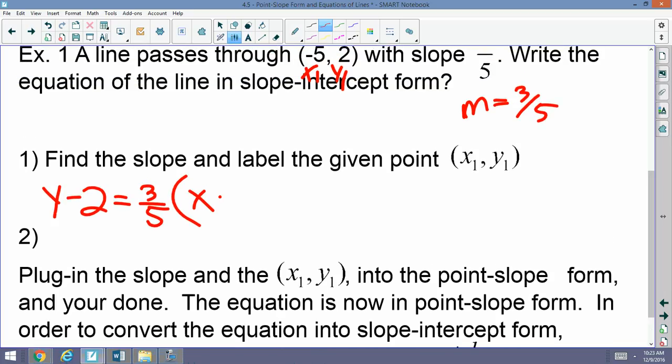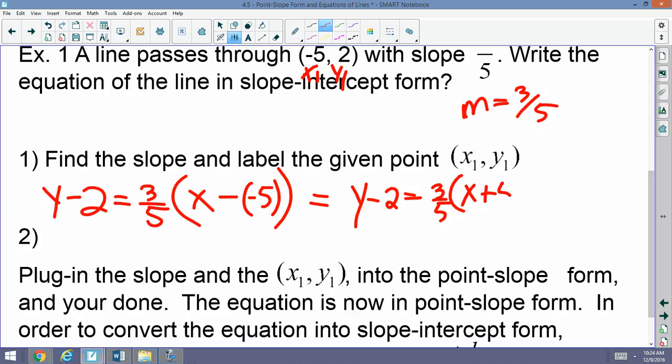So remember, this is a minus negative 5. Thank you for catching that. I heard it. Good job. You got to remember that it's minus a negative here. So at the end, this is y minus 2 equals 3/5 times x plus 5.